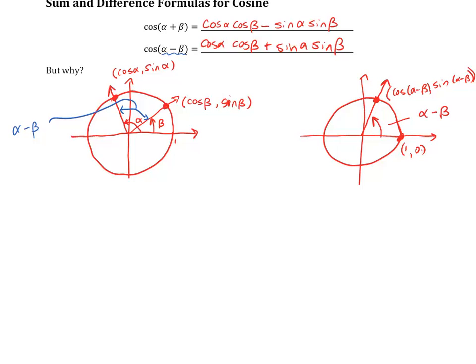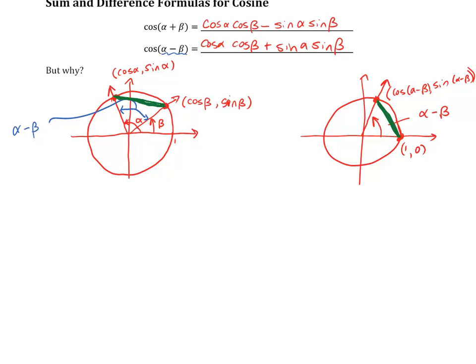Now, the reason I want us to consider these two pictures is this line, in fact, I'll draw it in green to give it a distinct color. The line from here to here, this straight line, has the exact same length as this line right here.